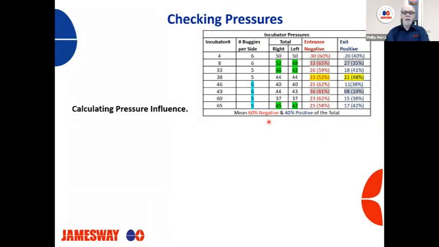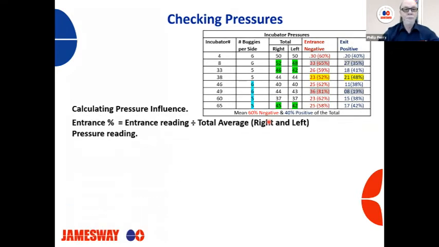So we're going to take a look at how we calculate the pressure. First, here, Incubator 4 had 6 buggies. We had a left and a right average of 0.50. When we took our entrance in negative value out into the hallway, we measured 0.30, which when we divide it into 50 equals 60% of the value from the negative influence of the entrance in.